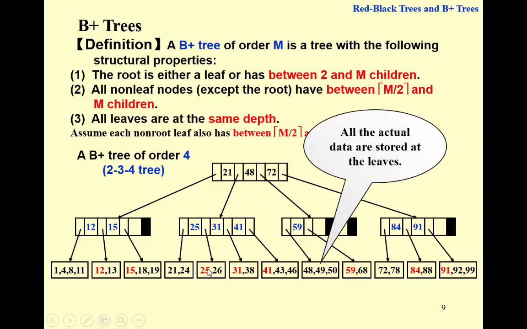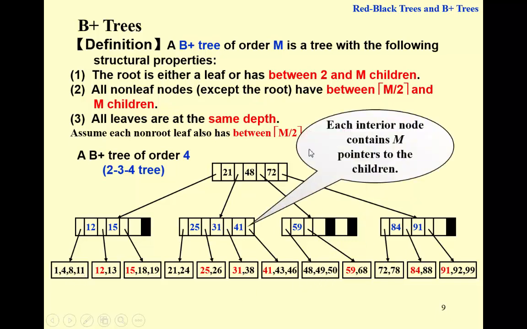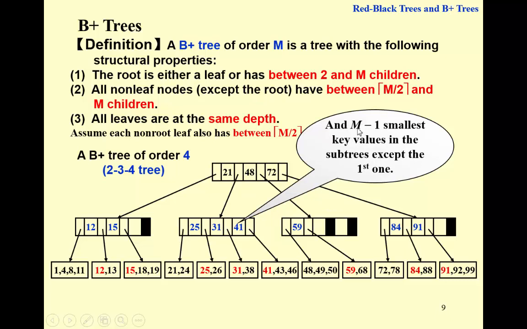Notice that all the leaf nodes are just blocks, and each block is a continuous segment. And each interior node contains m pointers to the children, plus m minus 1 smallest key values in the subtrees except the first one. What does it mean?